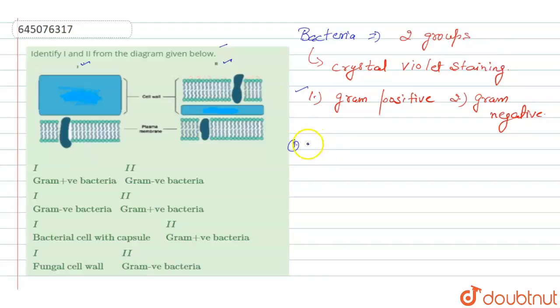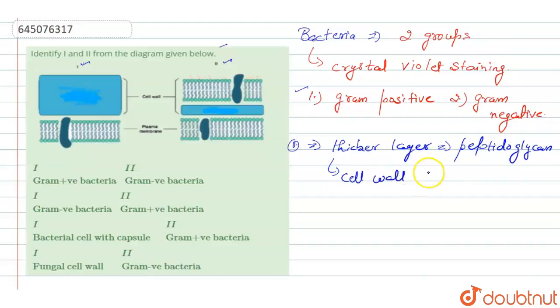This bacteria has a thicker layer of peptidoglycan that makes up the cell wall in the gram positive bacteria, and after the staining it becomes purple in the gram stain test.